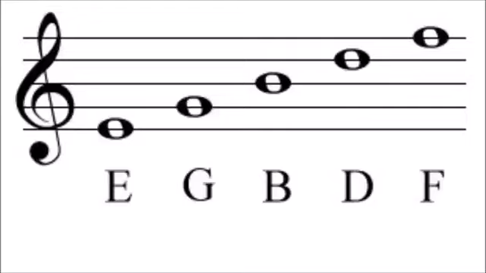The first line is named E. The second line is named G. The third line is named B. The fourth line is named D. And the fifth line is named F. This results in E, G, B, D, F.